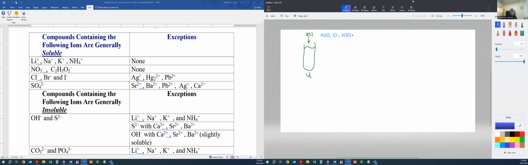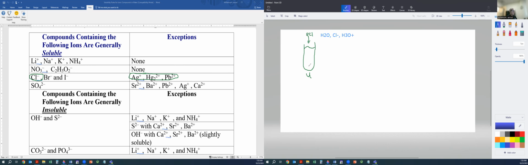Well, when I add that and I look at my solubility chart, I see that all chlorides are soluble except for silver, mercury, and lead.